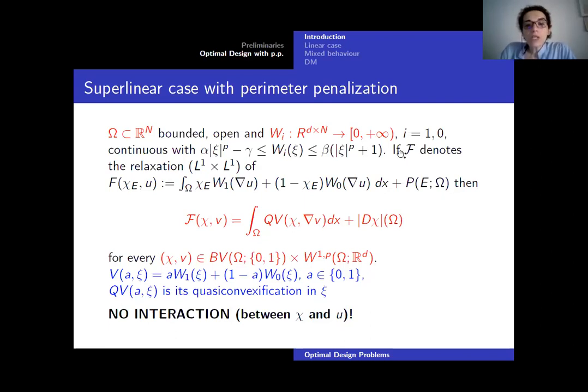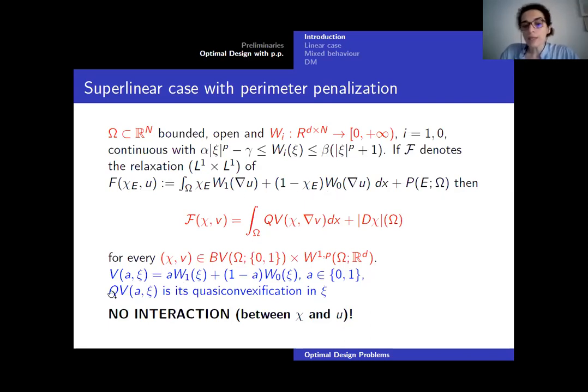And this functional calligraphic F is given by an expression very similar to the original one. So the perimeter term is still there, and we do not have the original density, but we have the Murat quasi-convexification, for each fixed entry chi, of W1 and W0.